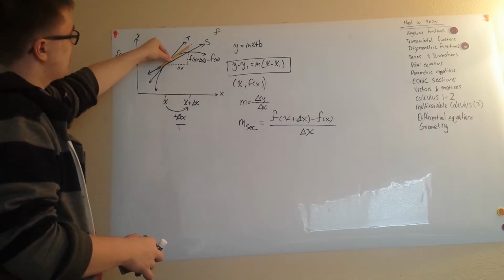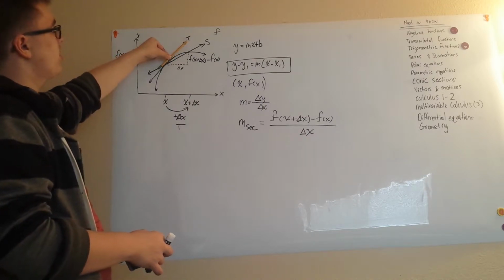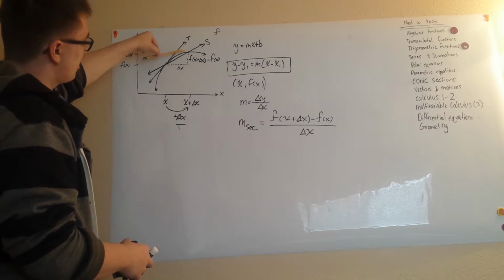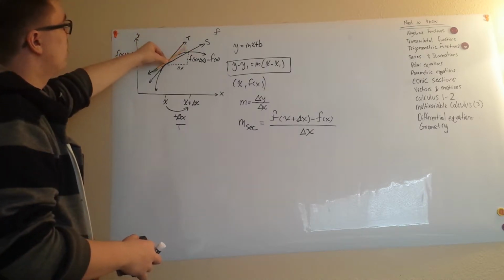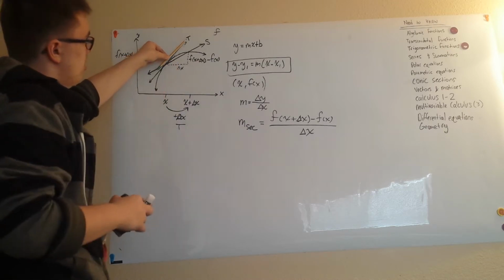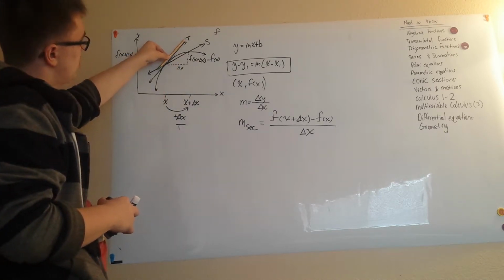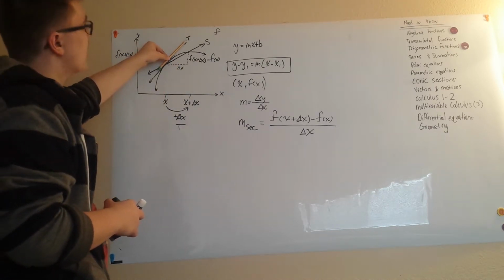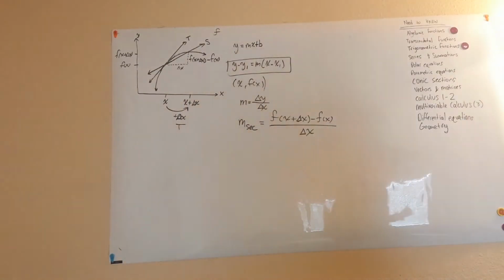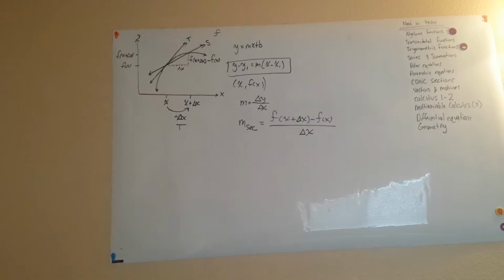Then my secant line gets really, really close to my tangent line. If my point gets extremely close to the point of tangency, then it's going to get really, really close to the tangent line. In fact, it's going to start looking like it.